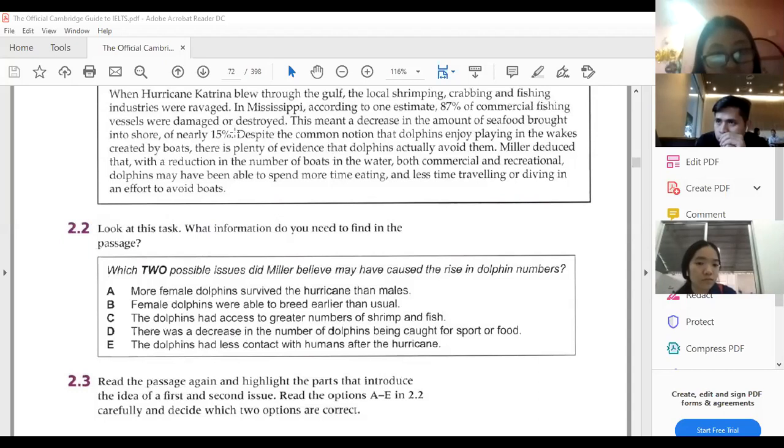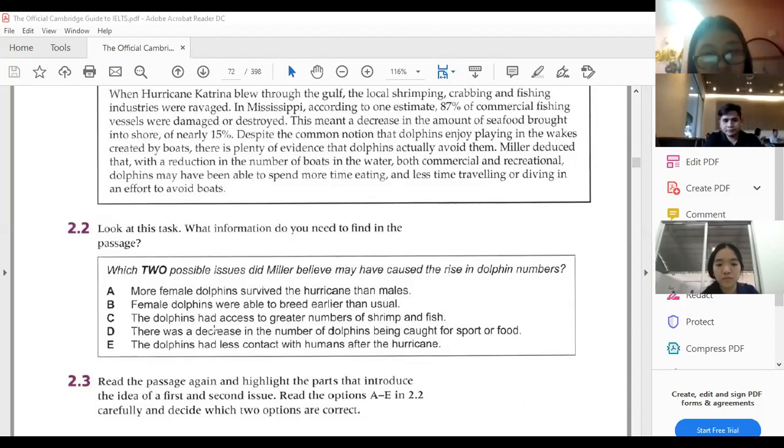So from 1 until 15%, even though they talk about seafood, shrimp, and fish, it cannot be the answer, because there's no name. Miller did not say these sentences. The question asks what Miller believed, so these sentences are not what he believed. So C is not the answer.